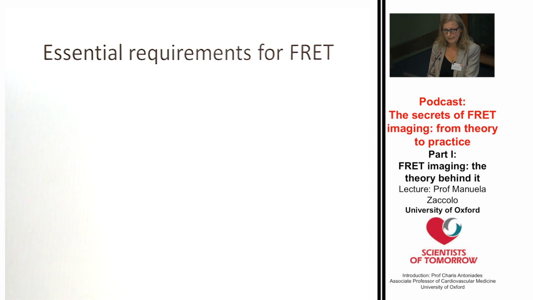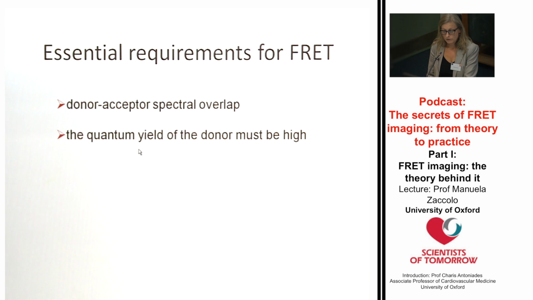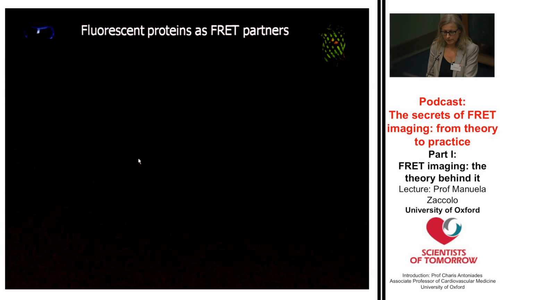There are some essential requirements for FRET. The first requirement is that there must be a good spectral overlap between donor and acceptor, and that the quantum yield of the donor must be high. As I mentioned, the preferred fluorophores for FRET applications in real-time live cell imaging are variants of the green fluorescent protein.